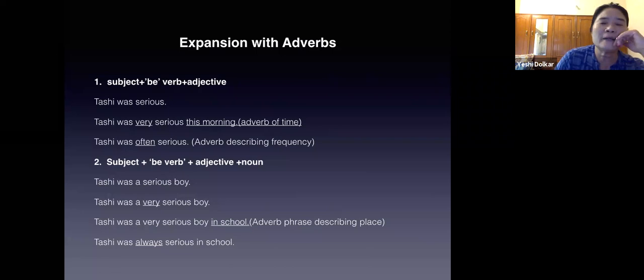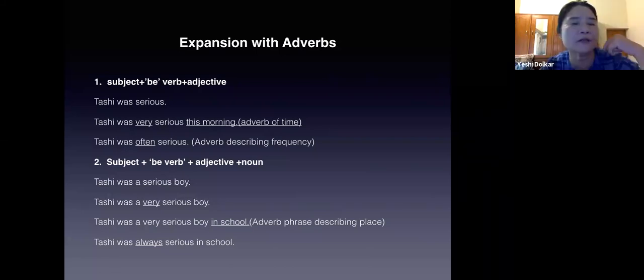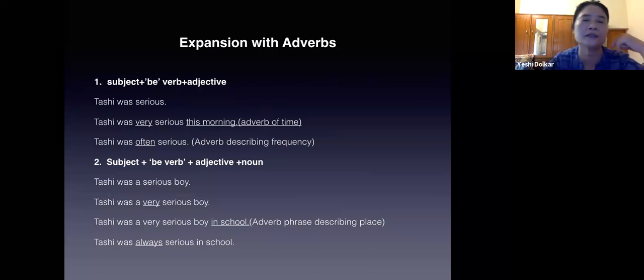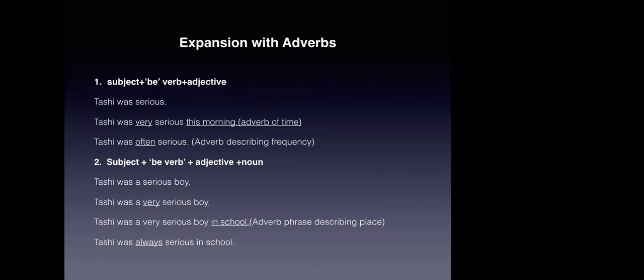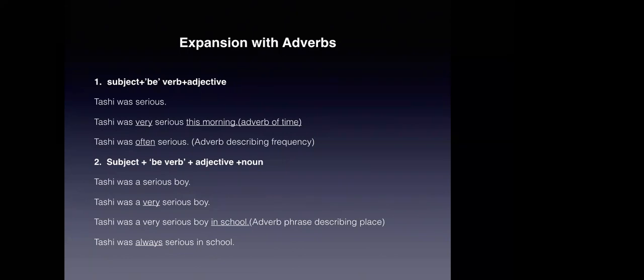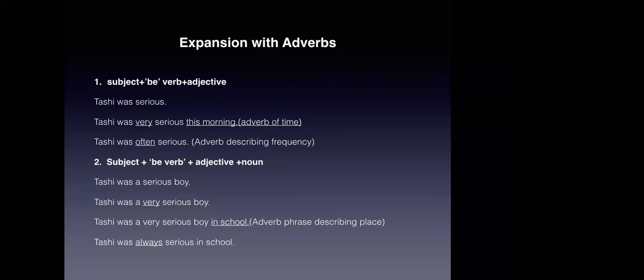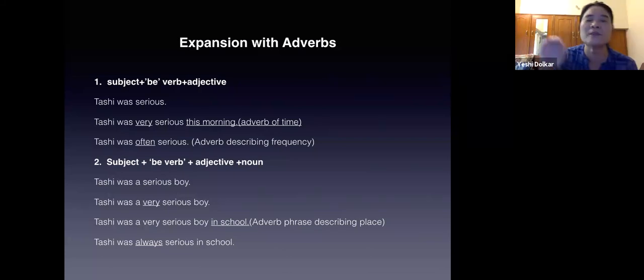Or I can say he is very smart. I'm describing smart, so very is also an adverb describing an adjective. She spoke very loudly. Loudly, very: an adverb describing an adverb.